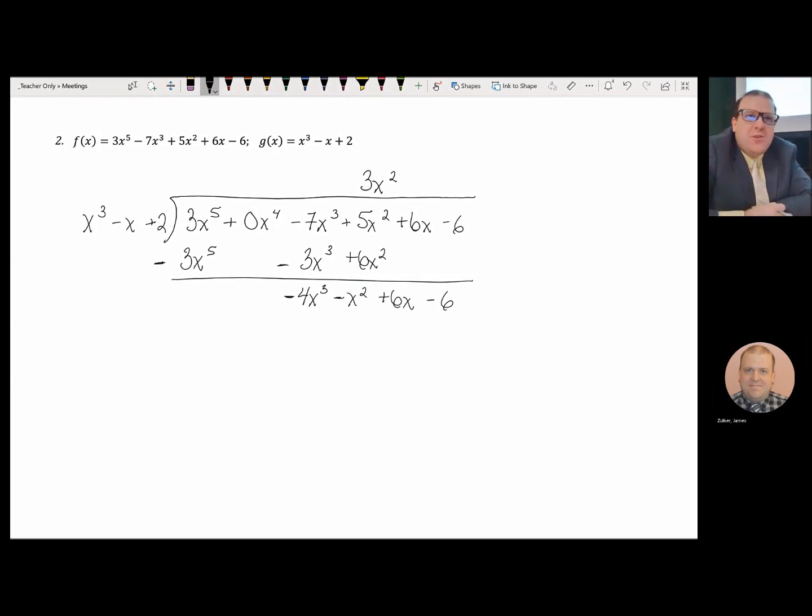Is the degree of the new polynomial less than the degree of the divisor? So keep going. What is the leading term? New polynomial. What's the leading term of the new polynomial? So what do you have to multiply x cubed by to get it?